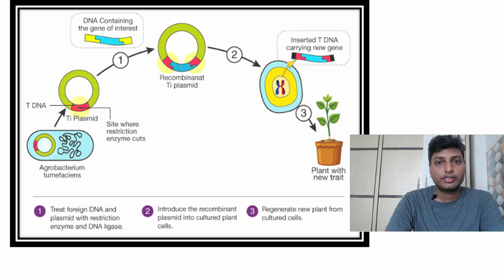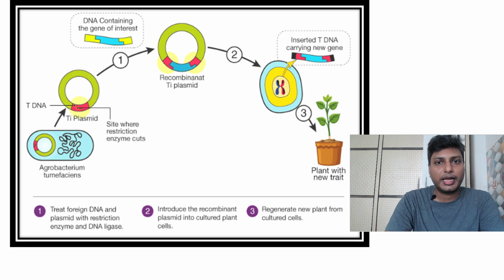So now the plant has cells which have the gene coding for vitamin A. So when this plant grows and ultimately forms a fruit, it is going to be rich in vitamin A. So this way, dear students, today it is possible to produce plants with the desired characteristic.